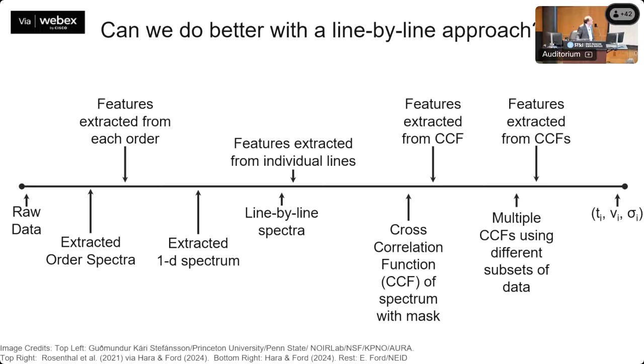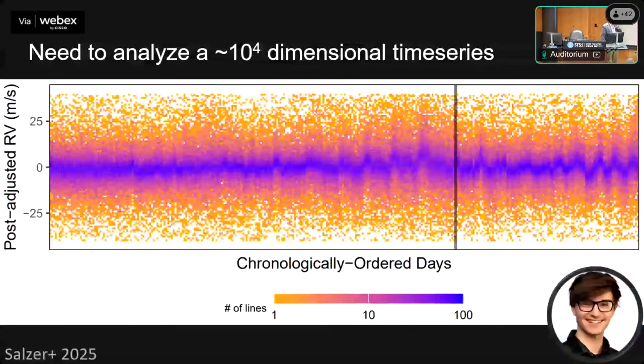spectrum of different analysis methods, one thing we haven't tried yet is using information from individual lines. On one hand, great, we don't have to bother with all the pre-processing steps. We can just look at each line individually. The bad thing is, instead of a time series of one scalar versus time with one error bar, if you have 2,000 lines and you measure 10 shape parameters for every line, you now have a 10,000 or 100,000 dimensional time series.